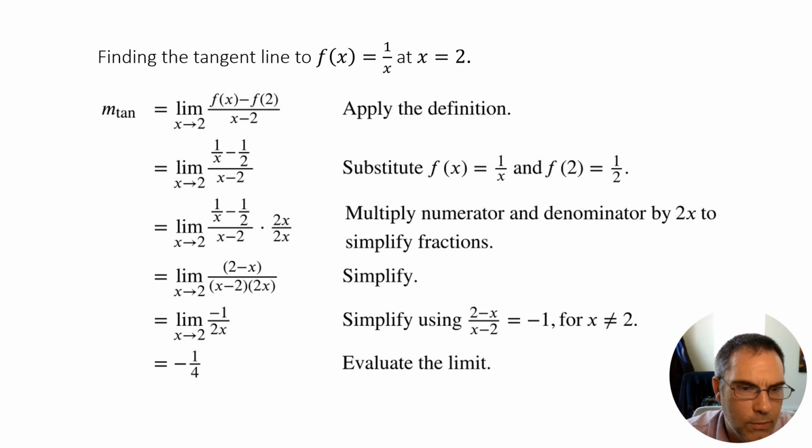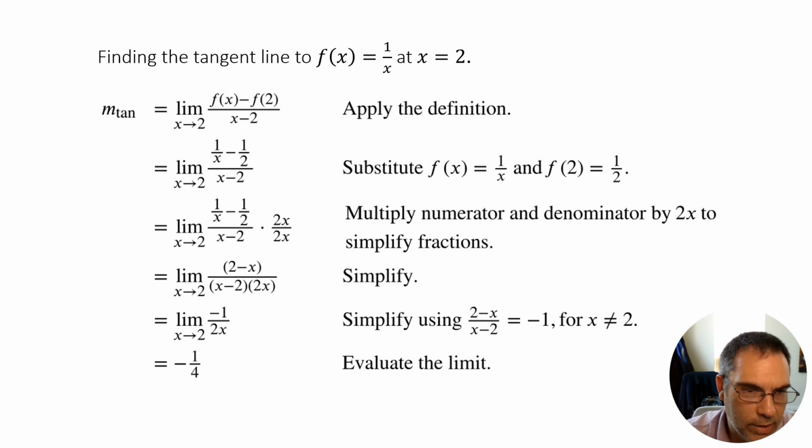Multiply by 2x over 2x, which is effectively multiplying by 1, and you can always multiply anything by 1 without changing it. If you multiply 2x through on the top, you get 2 minus x, and then on the bottom, you have x minus 2 times 2x.